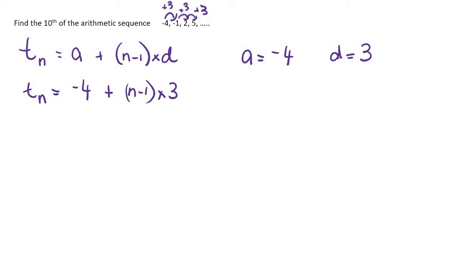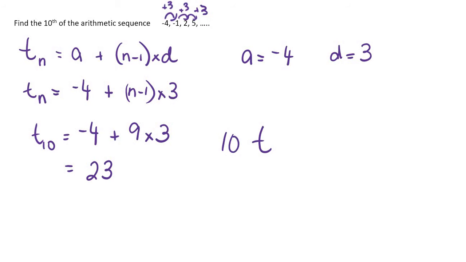So now to find our 10th term, it can be found by -4 plus 10 minus 1, which is 9, times 3. So -4 plus 27 gives us a value of 23. So therefore we can say our 10th term equals 23.